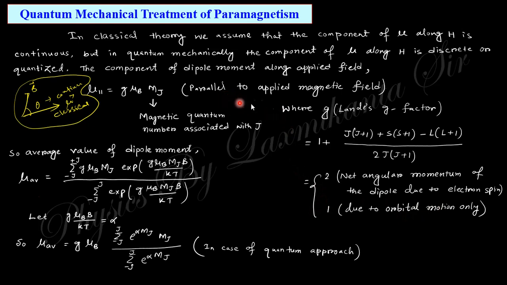If you take the average value over the Maxwell distribution, and take g mu B B by kT as alpha, you can simplify it like that.